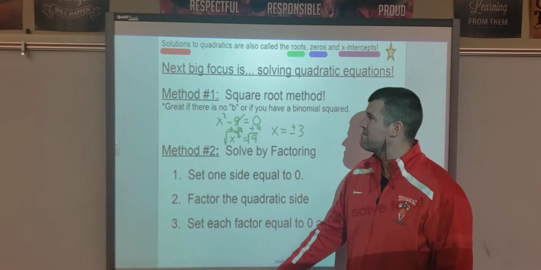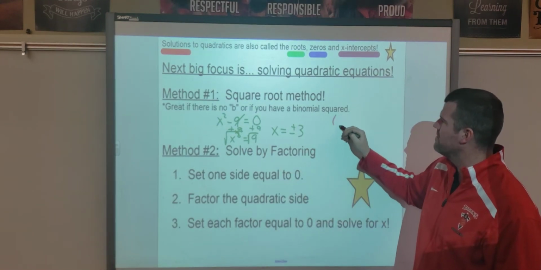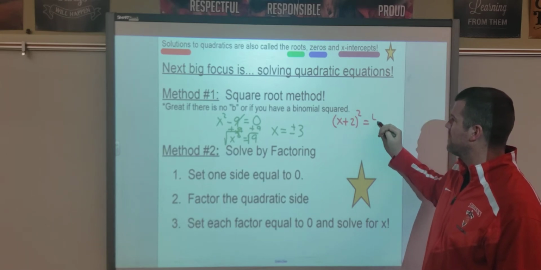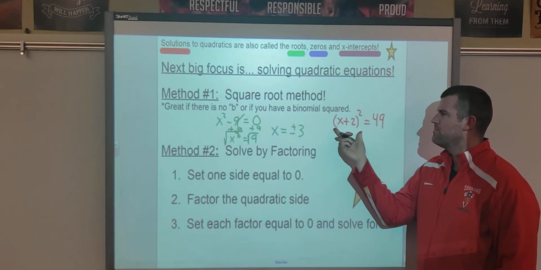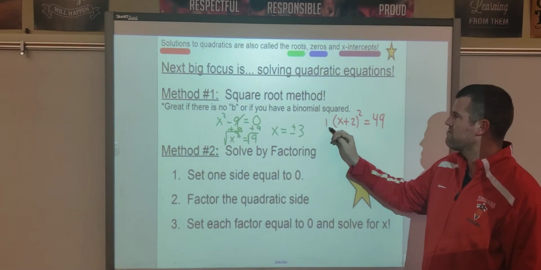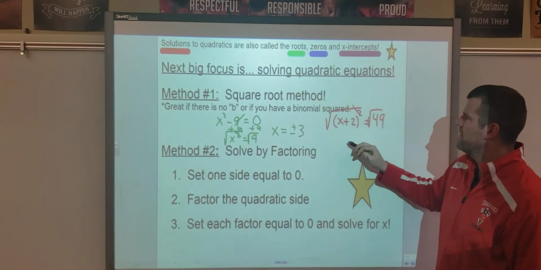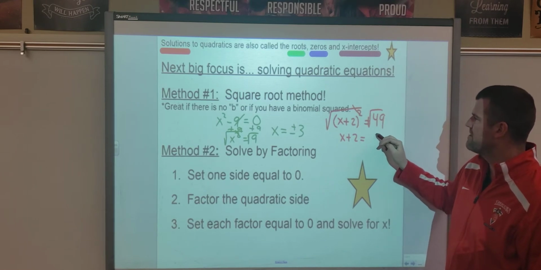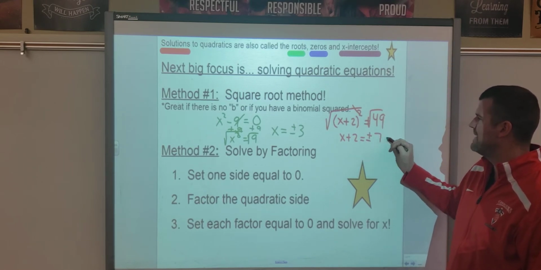Square root method is also great if you have a binomial squared. So if we have something like x plus 2 squared equals 49. Anytime you have the binomial squared, we can take the square root. That cancels out. We get square root of 49, which is 7, but we always put plus or minus.